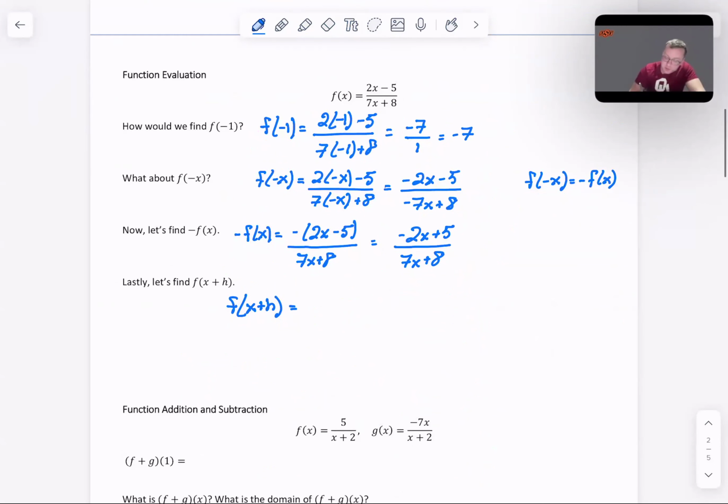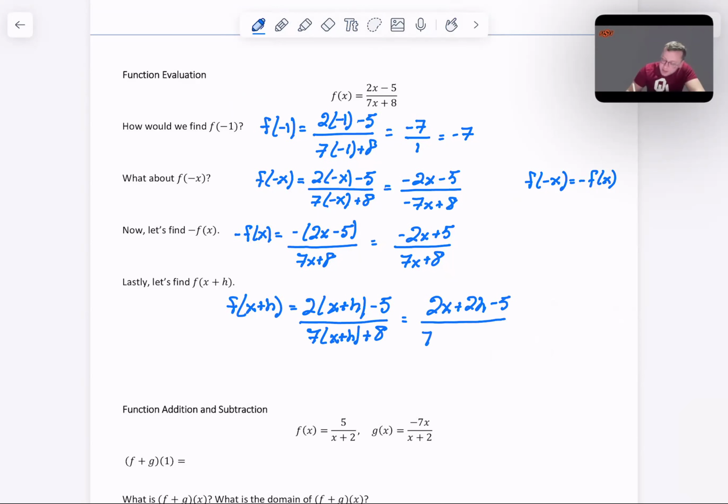So this would be 2 times x plus h minus 5 divided by 7 times x plus h plus 8. So I distribute the 2 up in the top, so this would be 2x plus 2h minus 5. And the denominators become 7x plus 7h plus 8.